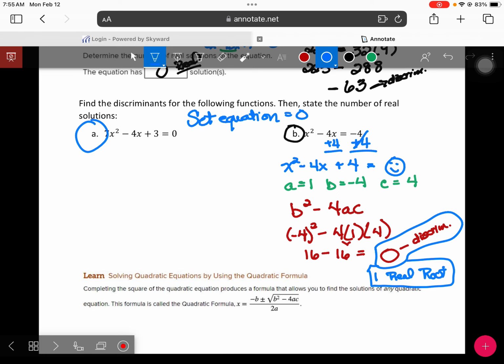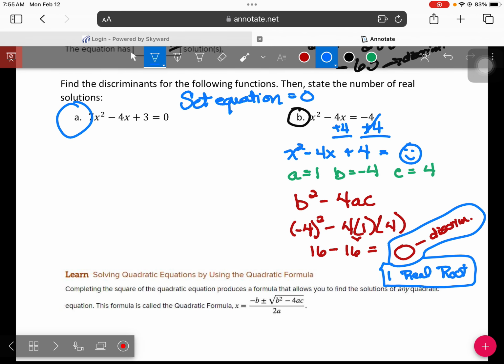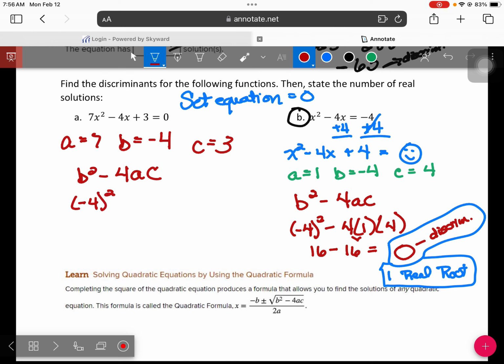So, what do you notice is different from A to B? Yeah, it's already set equal to 0, right? So, my a value is 7, my b value is negative 4, my c value is positive 3. So b squared minus 4 times a times c. b squared is negative 4 squared minus 4 times 7 times 3.